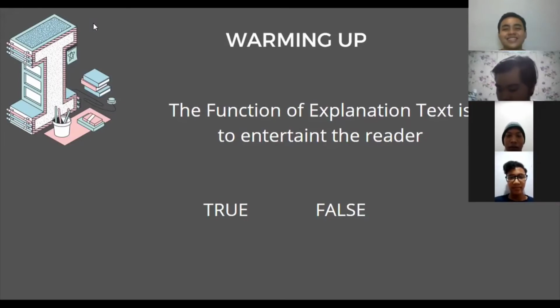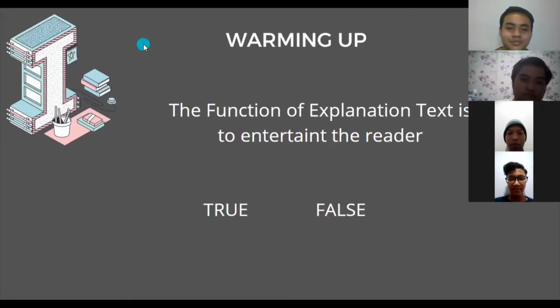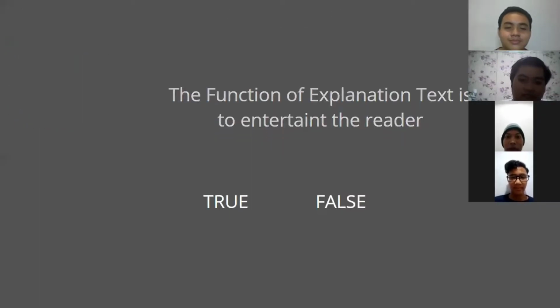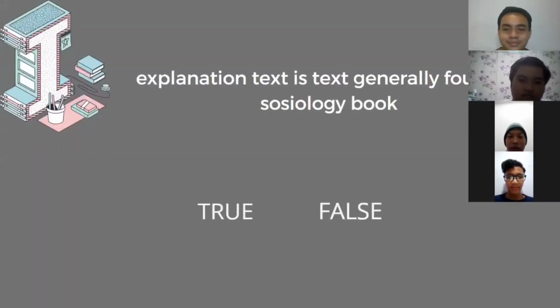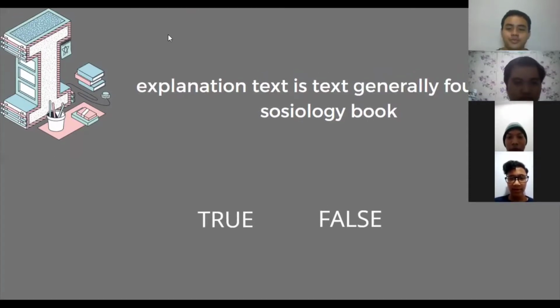Okay, let's go into question number 2. The question says, explanation text is text generally found in sociology books. True or false, guys? False. Roughly false. Abdul?